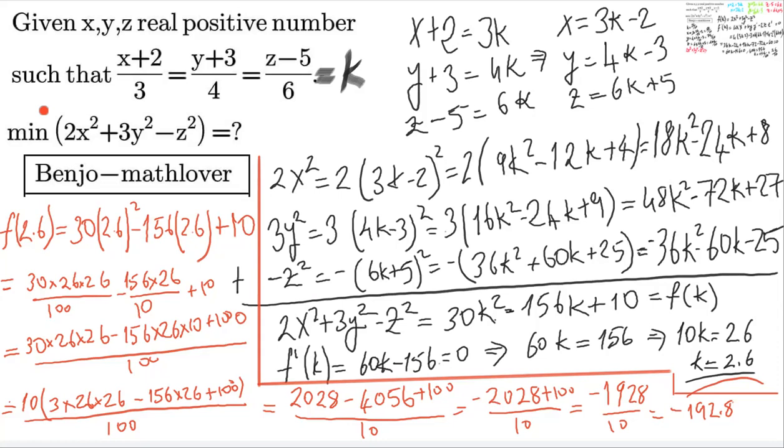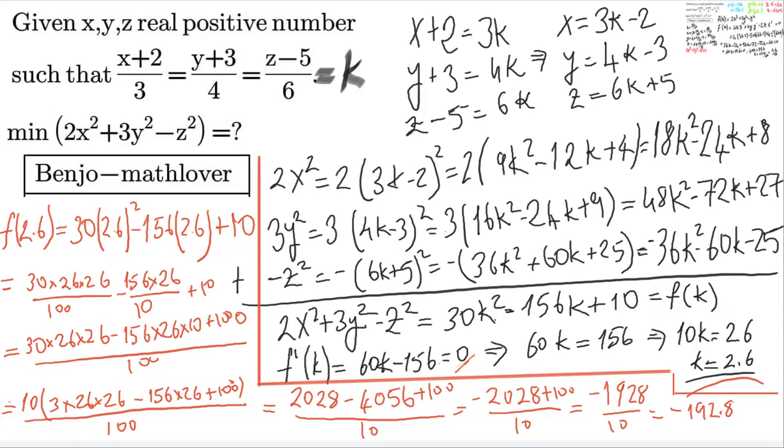To do this, there are two ways. One, you can use the formula: the bottom point is at k equals negative b over 2a. Or we can use the derivative. If we take the first derivative and make it equal to 0, the solution for k is the bottom value, because the tangent slope will be 0, and the first derivative gives us the slope.